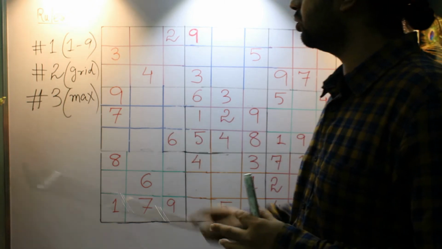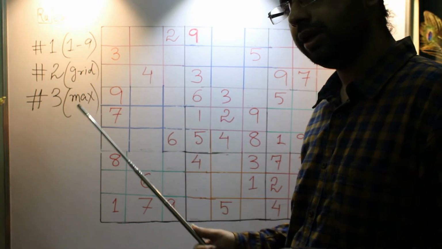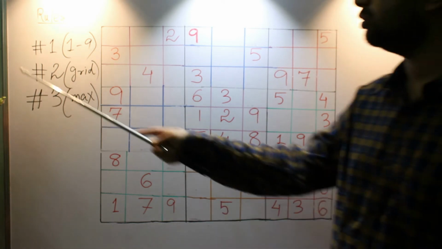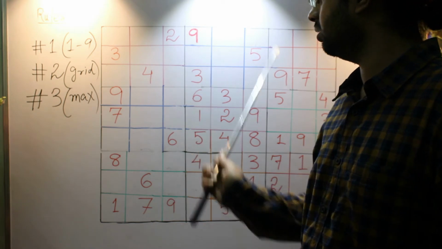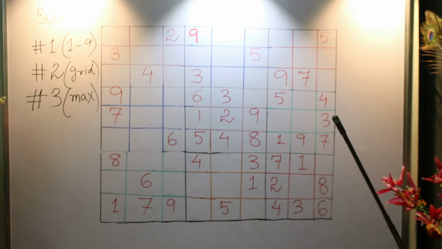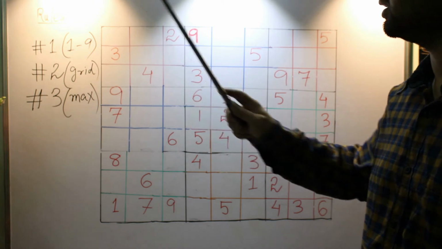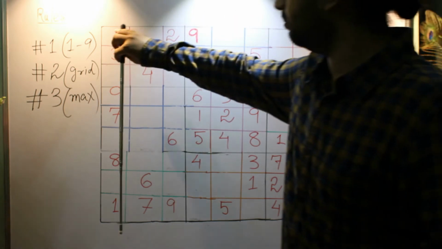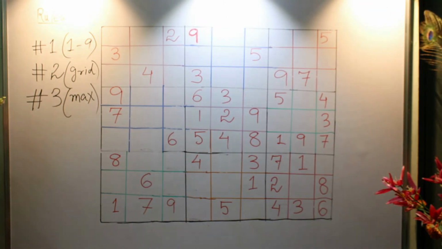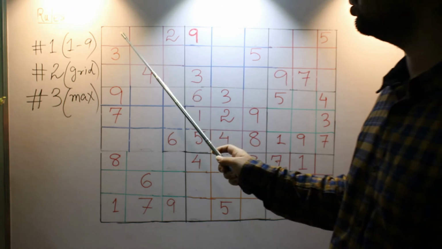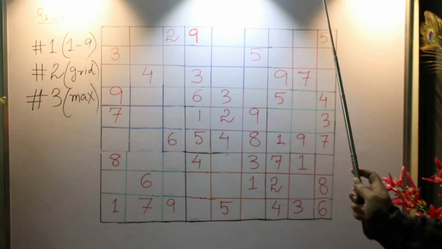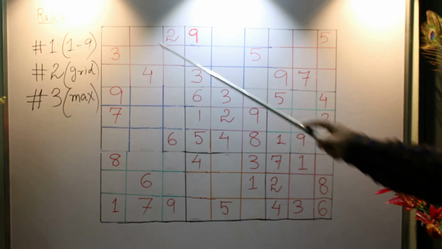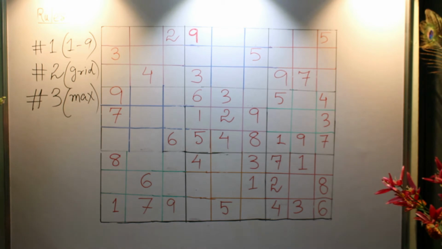Now the rules. Although there may be a number of rules to play this game, I will use 3 rules to solve this Sudoku. Rule number 1 states that for any given row or column, you need to fill with numbers from 1 to 9 in such a way that no number is repeated.